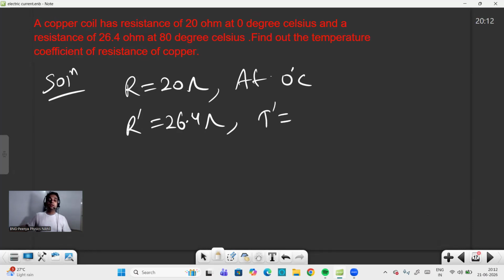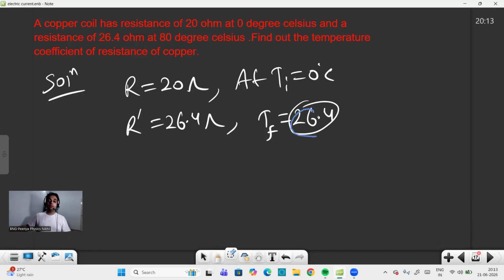We can say T initial is 0 degrees Celsius and T final is 80 degrees Celsius. Find out the temperature coefficient alpha, it is asking.